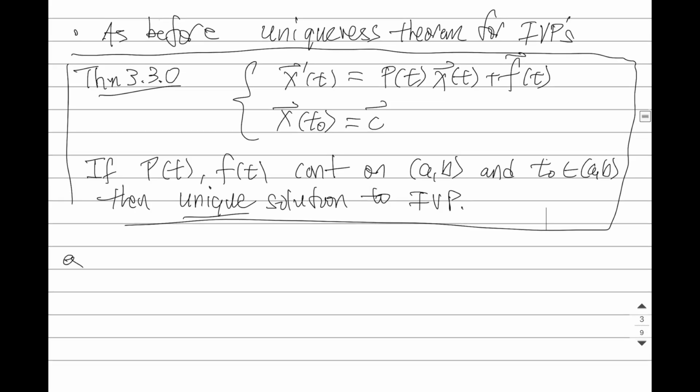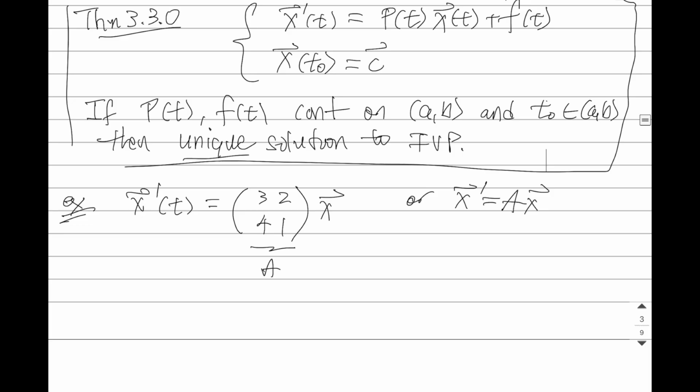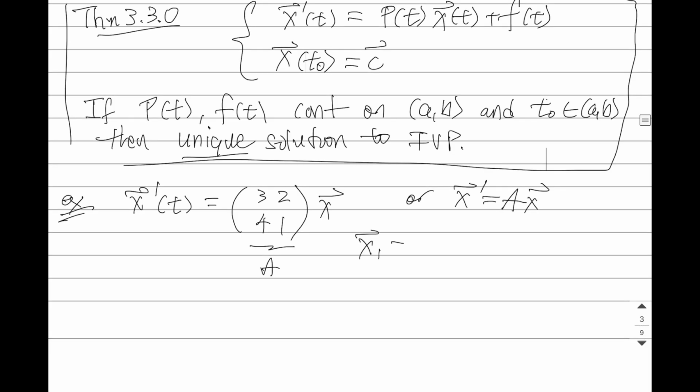Now, for example, we could give you a homogeneous system where the matrix is made up of constants. So typically when the matrix is made up of constants, we just call it a matrix A. And so our system here would be x prime equals Ax. If I give you this vector, this is a vector of functions. So let's say e to the 5t, e to the 5t.